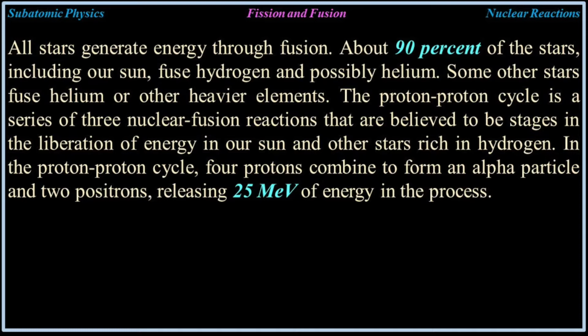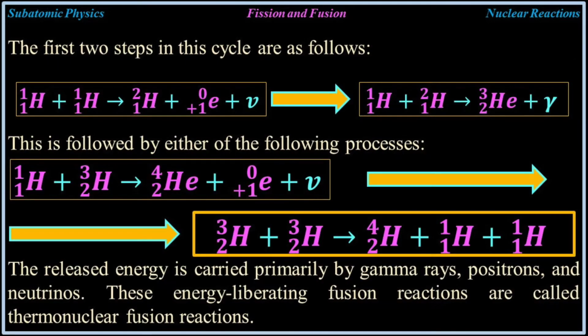The proton-proton cycle is a series of three nuclear fusion reactions that are believed to be stages in the liberation of energy in our sun and other stars rich in hydrogen. In the proton-proton cycle, 4 protons combine to form an alpha particle and 2 positrons, releasing 25 mega electron volts of energy in the process.